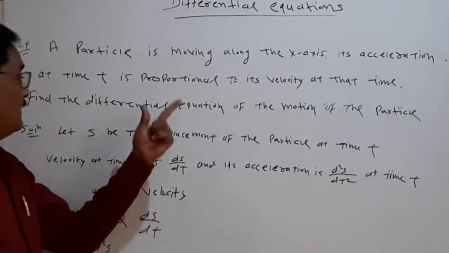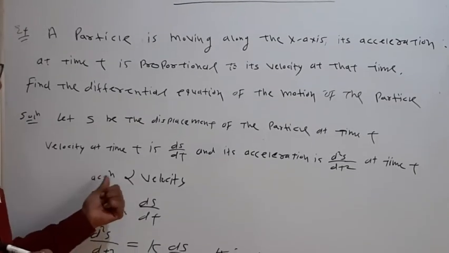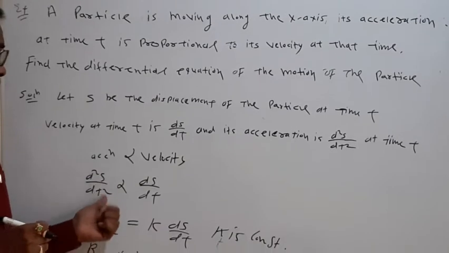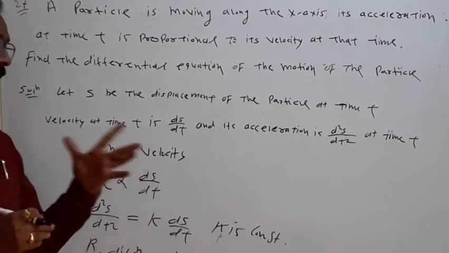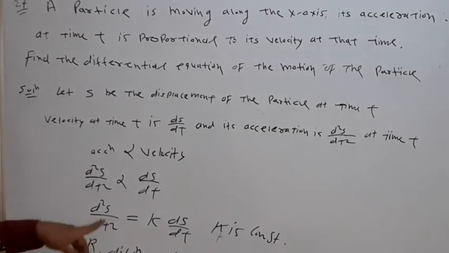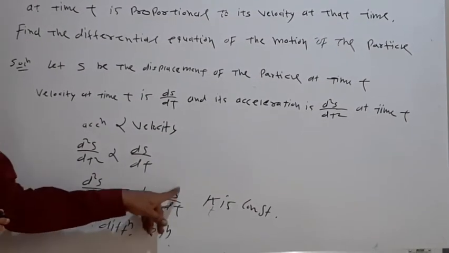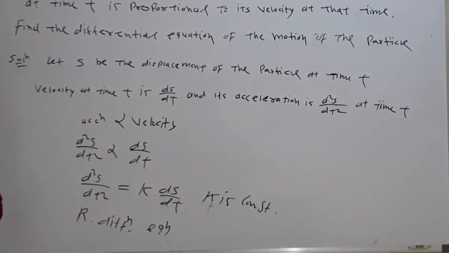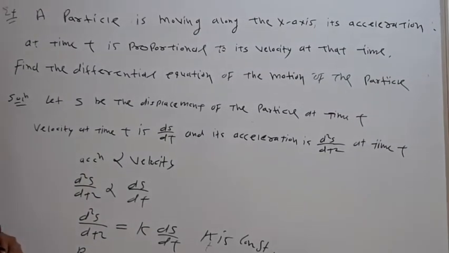So here it is given that acceleration is directly proportional to velocity. Acceleration is d2s by dt square, is proportional to ds by dt. So d2s by dt square is equal to k, some constant k, into ds by dt. This is the required differential equation. This is the formation of this differential equation.